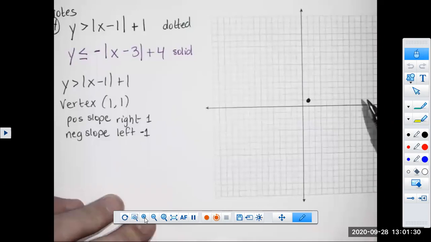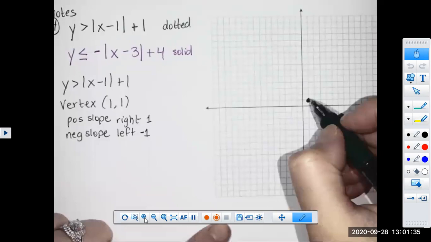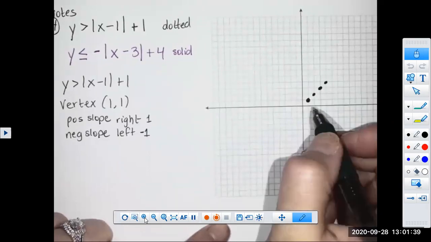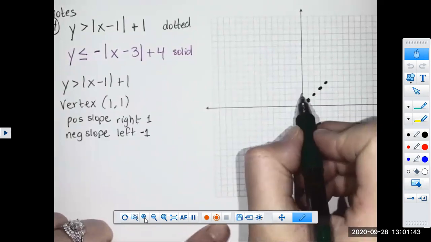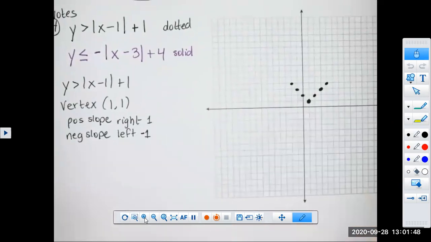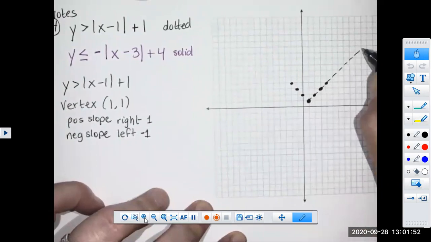All right, anyway. So to the right of this point, I'm going to use positive 1 slope. Just get a few points. It doesn't matter. And then, of course, we're going to use the negative version. So up 1 to left 1, and so on. And we said this should be dotted.